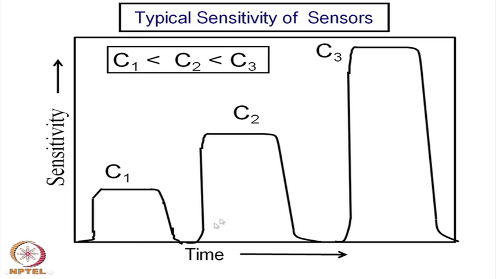Then the resistance is changing; this is higher resistance, this is lower resistance. Lower resistance means larger current, and still lower resistance, larger current; basically it is measuring the current. So, it is proportional to current.